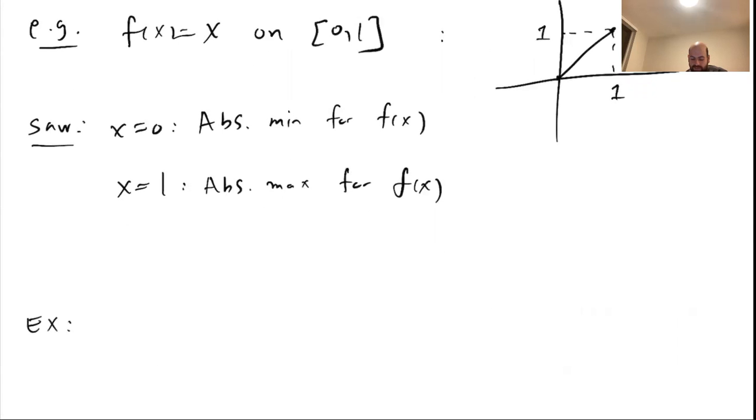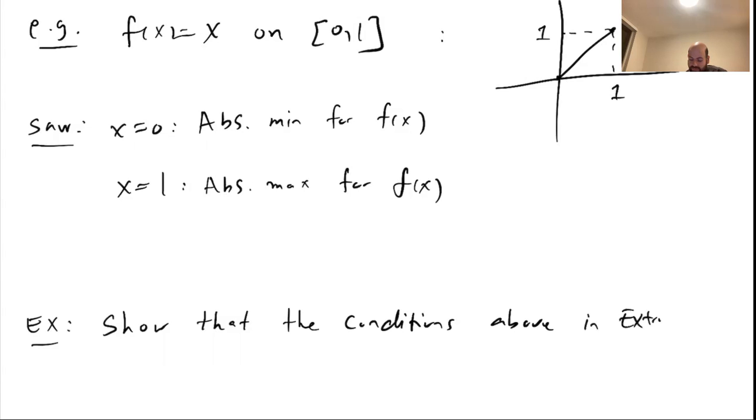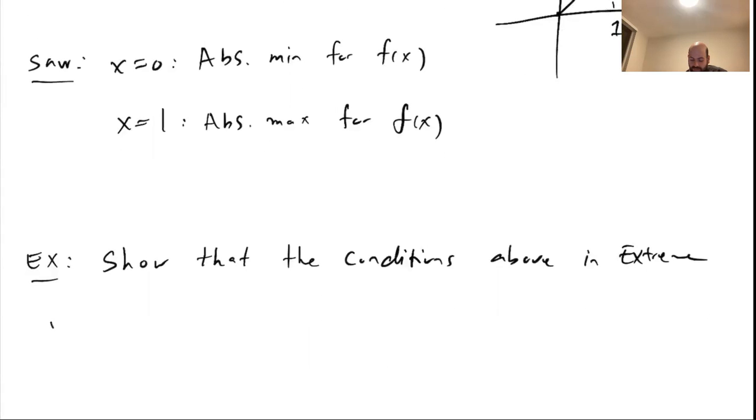All right. Now one example, show that the conditions above in the extreme value theorem cannot be removed. See, in mathematics, we always prefer to have as few assumptions as possible when we deal with a theorem.